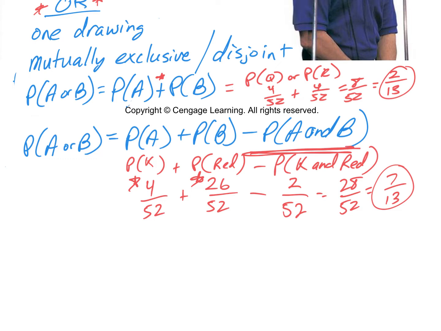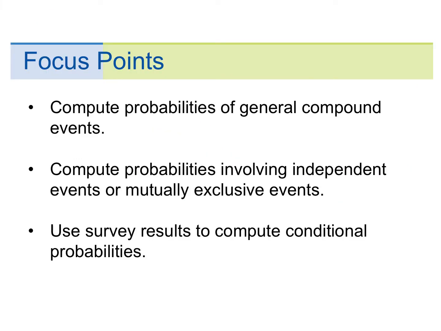That is 5.2. So in this particular section, we are going to compute probabilities of general compound events. That's what I kind of explained. Those are your and your or questions. We're going to compute probabilities involving independent events or mutually exclusive. They're still and or. Just know, independent always deals with an and. Mutually exclusive always deals with an or.